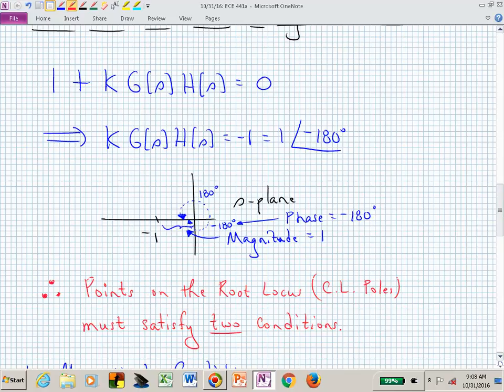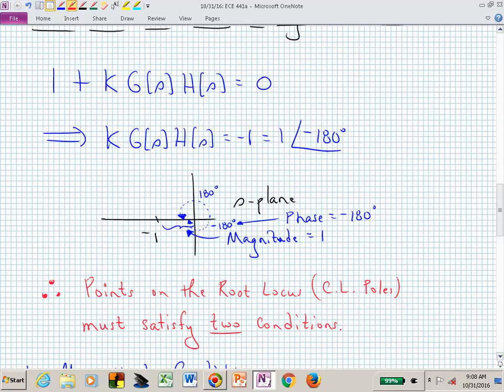What I've indicated here in red is really what you need to be thinking about when you're sketching a root locus. The points on the root locus are this pattern in the complex S-plane, and that pattern is where your closed loop poles can potentially live for that collection of poles and zeros in your system. And those roots, those closed loop poles, are governed by 1 plus k g of s h of s equaling 0.